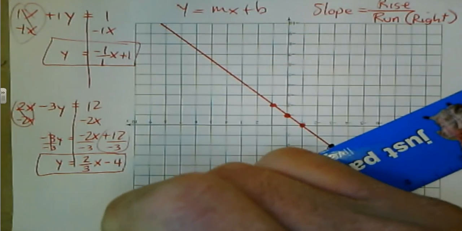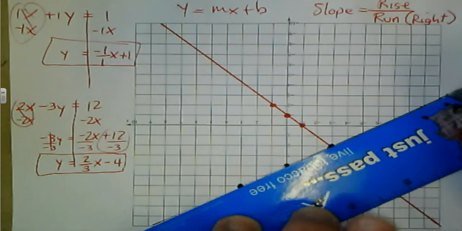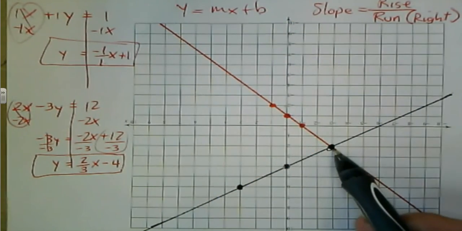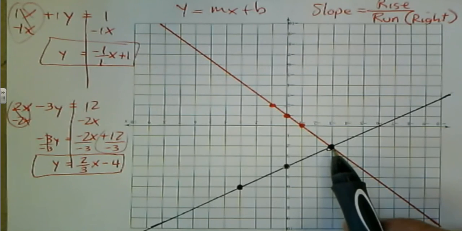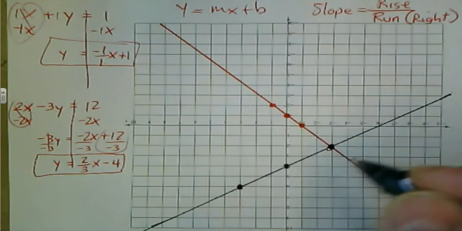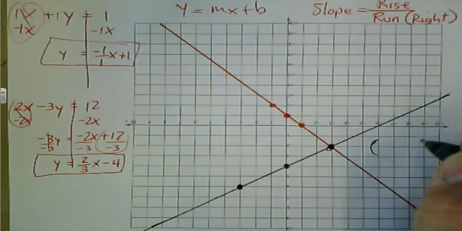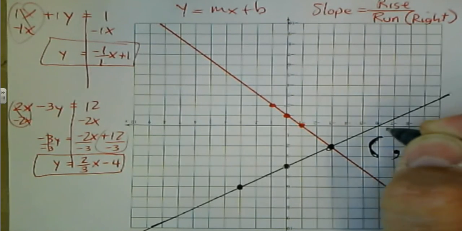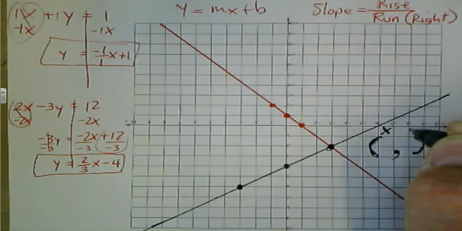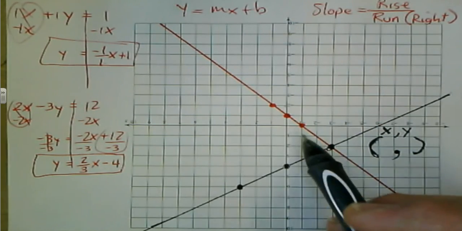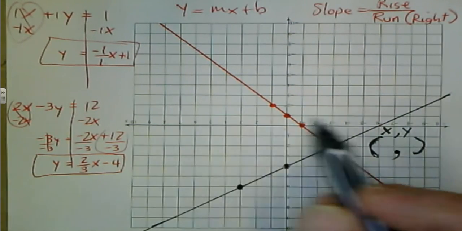This one was pretty easy because there's where our two lines cross. Does everybody see that? The answer is where those two lines intersect, it's the coordinate point, which is solved by the x value and the y value. Okay? So this is my x-axis, correct?